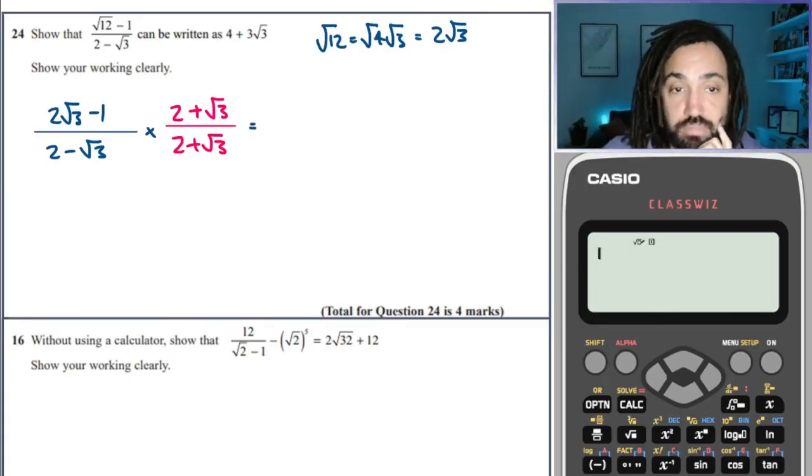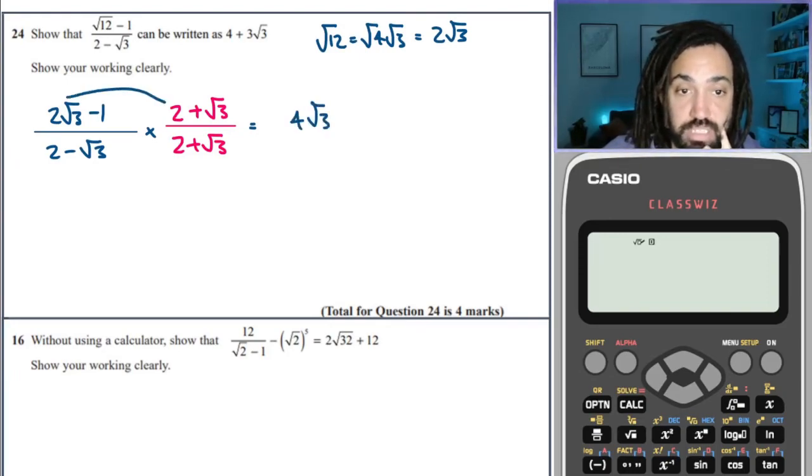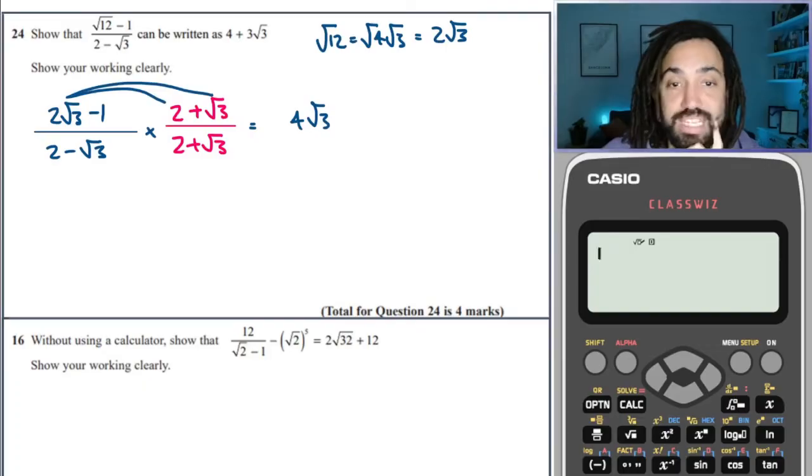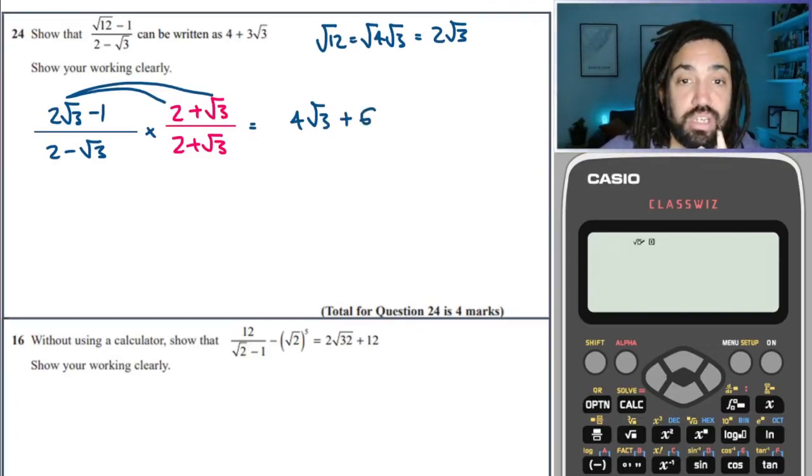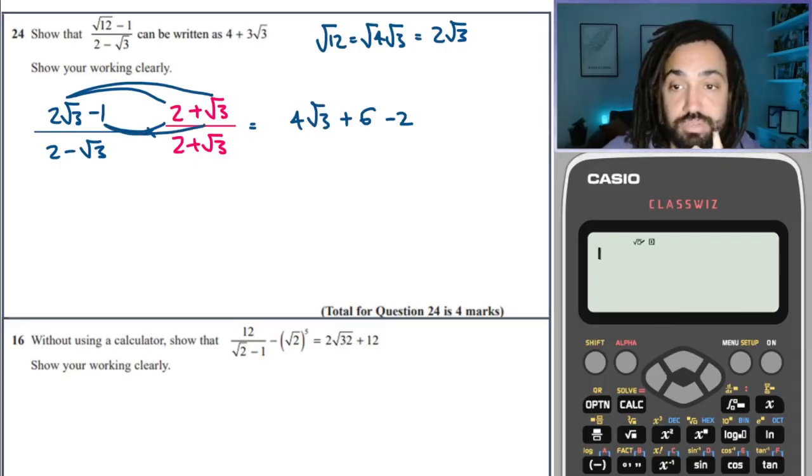Okay, so the first term is going to be 4 root 3. I want to do this times this. This is going to be 2 times 3, which is 6. Yep, that's right. And then we're going to get minus 2. And we're going to get minus root 3.